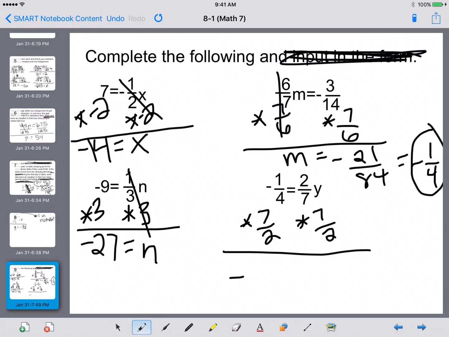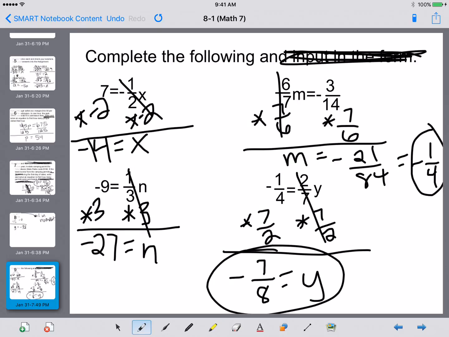And we are going to just multiply straight across. 7 times 1 is 7. 4 times 2 is 8. And I can't simplify that down at all, so we're good there. 2/7 times 7/2 turns to 1. So we get just y. And there is your answer there.